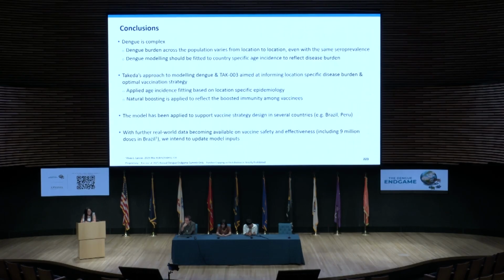Therefore, any modeling of dengue and the impact of interventions needs to be location-specific, needs to really fit within the dengue epidemiology of that particular location of interest. So that's what we did, to reflect the real dengue burden of that location when we want to inform how we can implement interventions there.